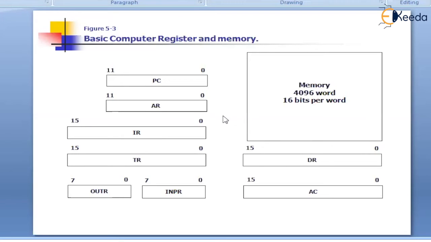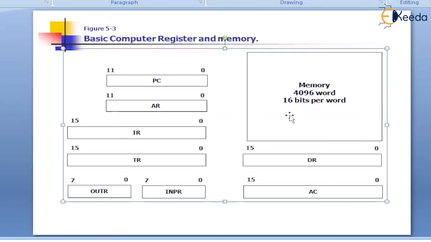Why? Let us have a look. When it comes to the register sizes, some registers hold addresses. Those registers should be of the size of the address. What is the size of the address? Size of the address is equal to 12 digits, right? Let me put it here.